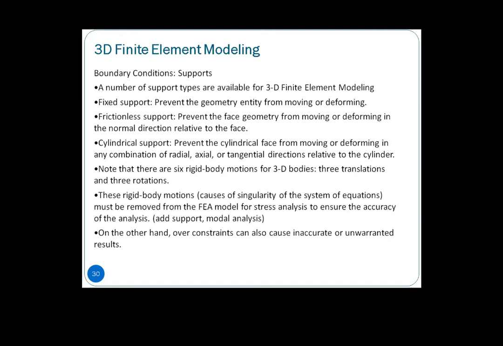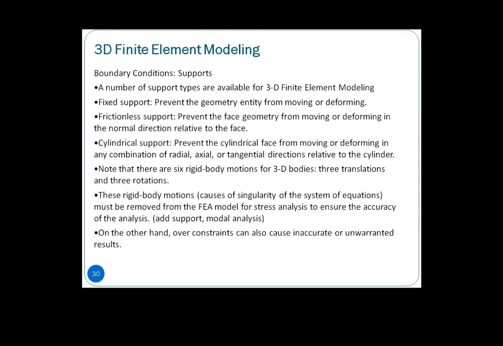In particular, for static solid mechanics problems with static loads, remember we have KU equals F. We have to set our boundary conditions, else you fall into the so-called singularity problem. So we set the boundary to ensure you don't have any rigid body motions in your problem, then it can be solved.